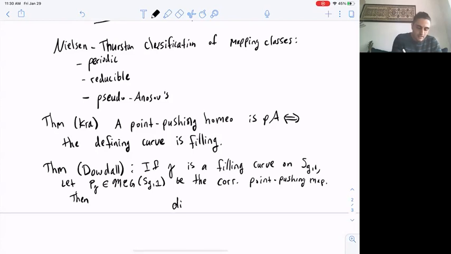The dilatation of the pseudo-Anosov is bounded above and below in terms of the self-intersection number of that curve gamma. And the bounds are as follows.